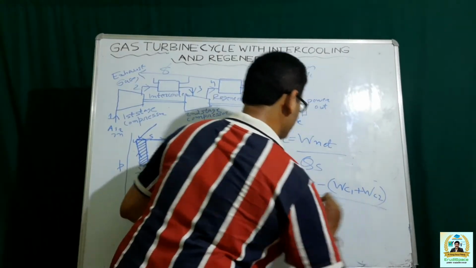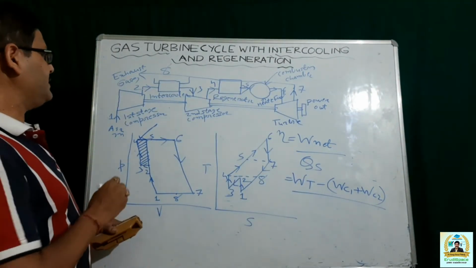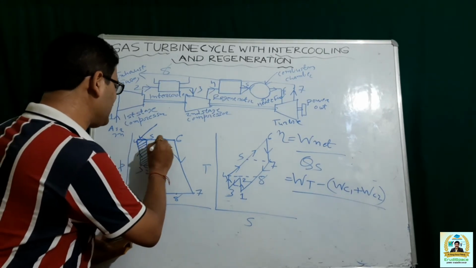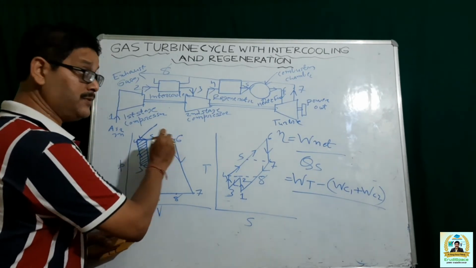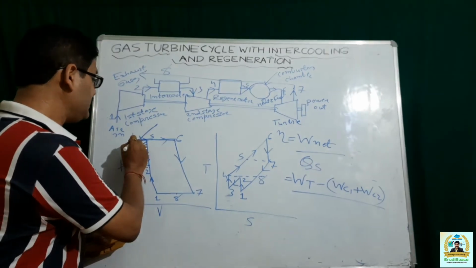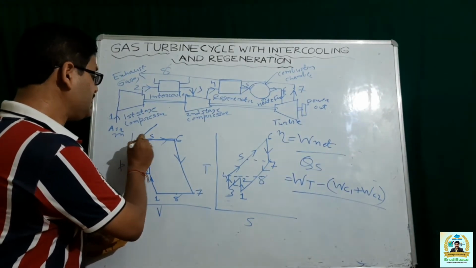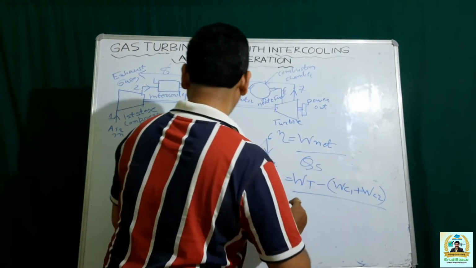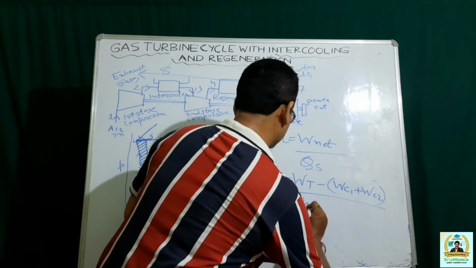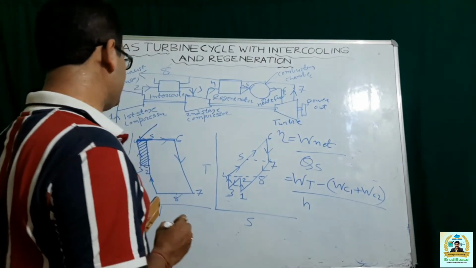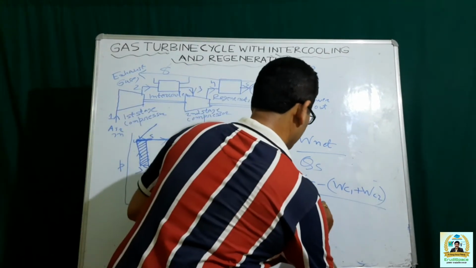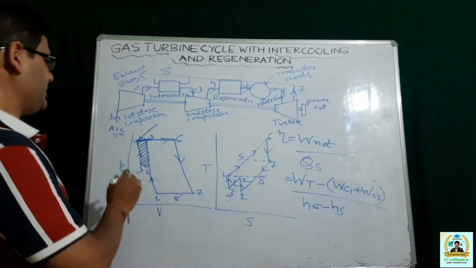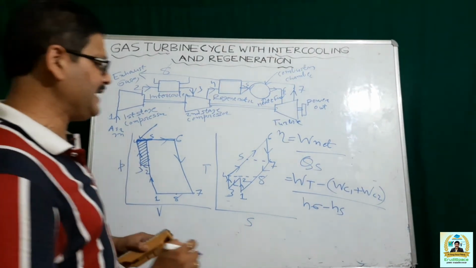And as far as the heat supply is concerned, the heat supply is taking place from 5 to 6, not from 4 to 6, because this is something that is recovered. So, heat supplied is the enthalpy difference between 6 and 5. You may represent this as H6 minus H5, that is the heat that is supplied.